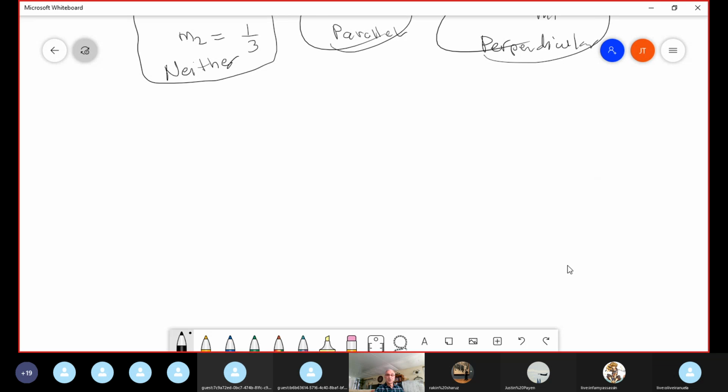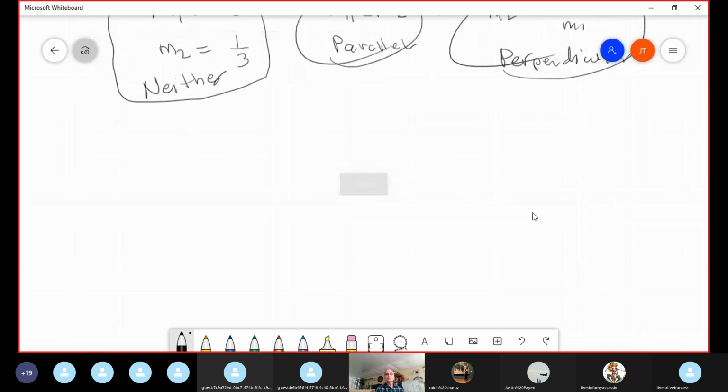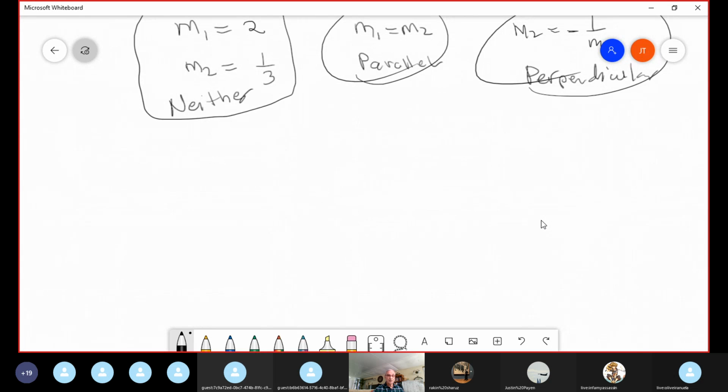Okay, let's continue in the theoretical part. In the theoretical part, we have another way to express the equation of the line. Remember, we studied standard, but we have another fantastic way, called slope intercept form.